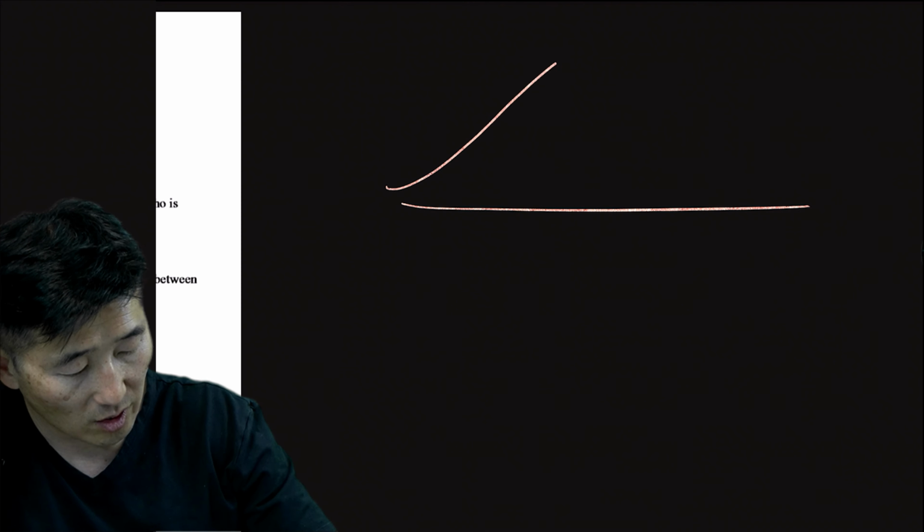So 0.95 will be... let me highlight this. I can't see it. So here's 0.9, 0.95. And then if you go all the way down like this, right? It collides at 0.1711.